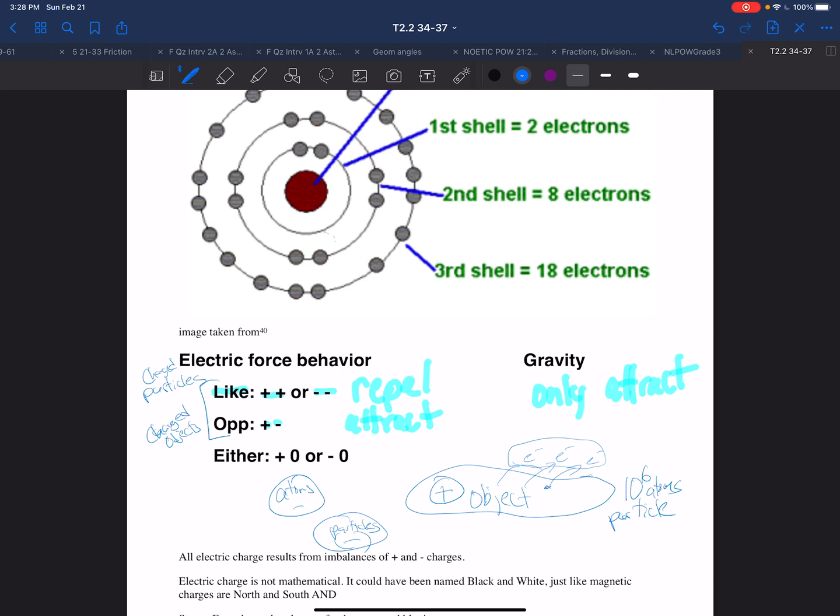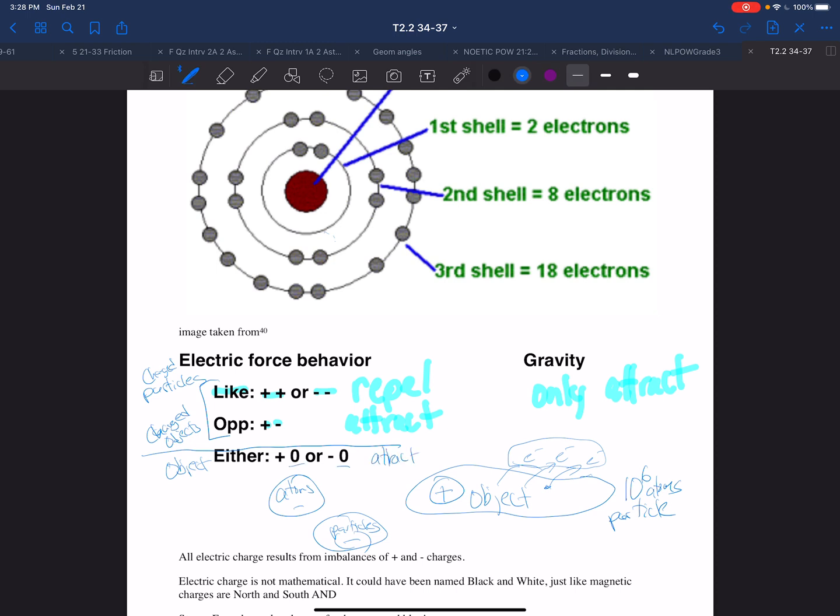Now, in chemistry, the focus is on atoms and molecules. In physics, the focus is on objects. So while it's true likes repel and opposites attract, when we are talking about objects, either a positive and a neutral, or a negative and a neutral, they attract.